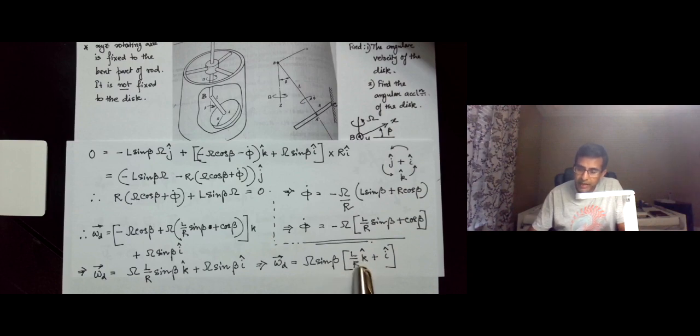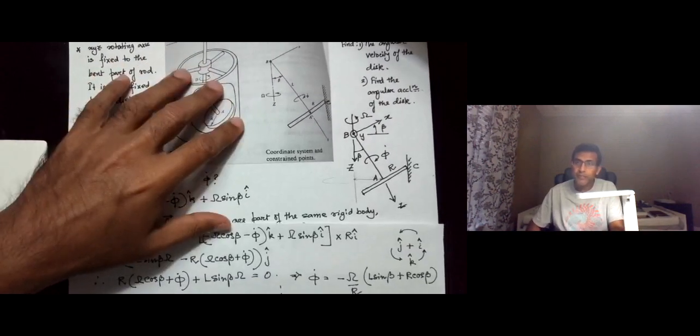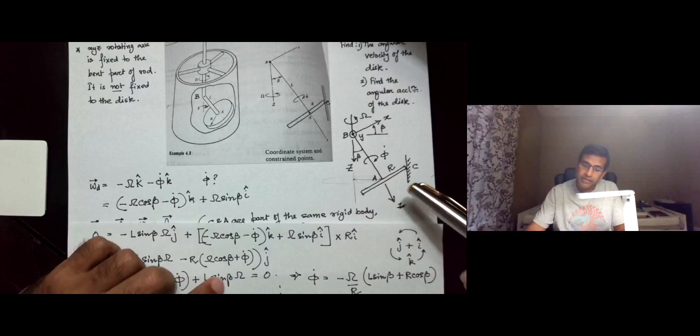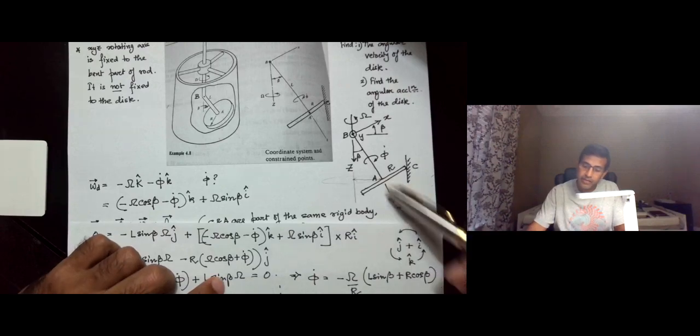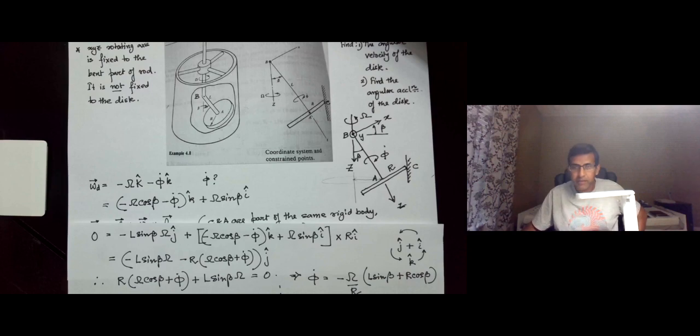Beta is a constant, L and R are constants, capital Omega is a constant. So it looks like it's a constant, but it is not clearly, because here k and i represent the unit vectors in the small z and small x direction respectively, and clearly that's a rotating coordinate frame.